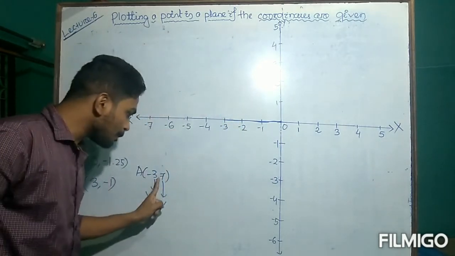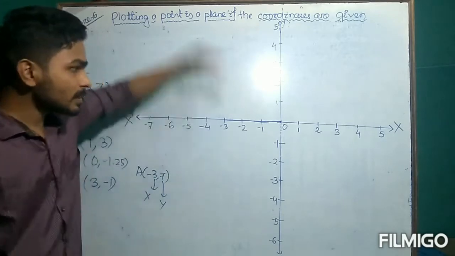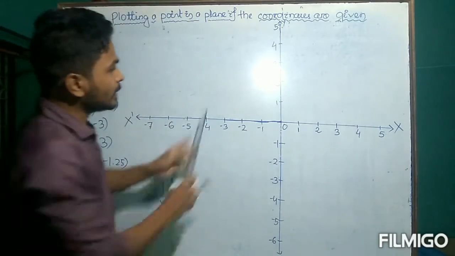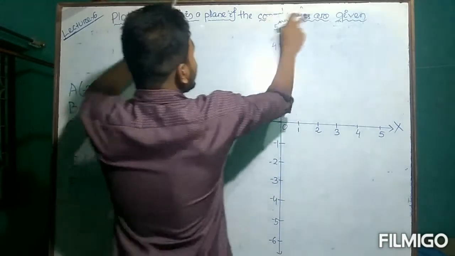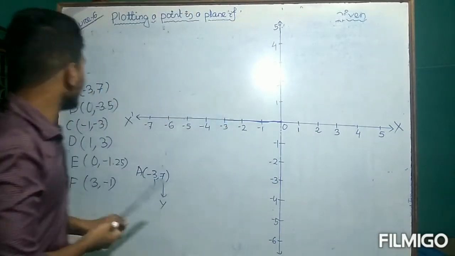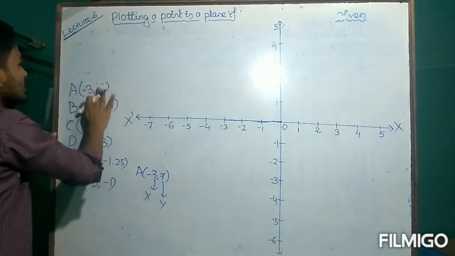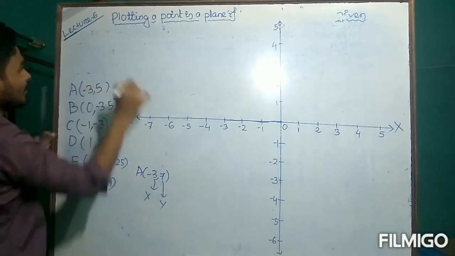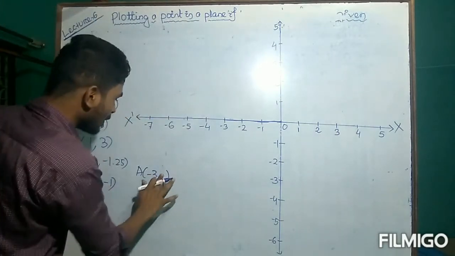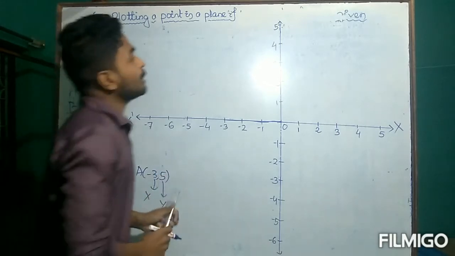Now the y coordinate is plus 7. Plus means upward, the positive direction, and you have to cover 7 units. Since there is no space, I think I have to change the question. You can take 5 since there is no space. So the point now becomes minus 3, 5.